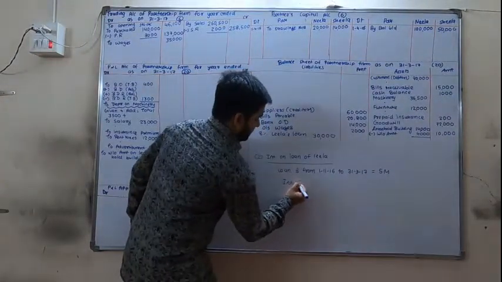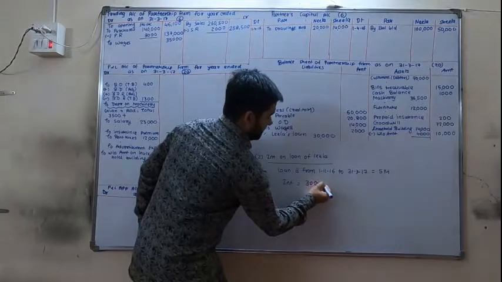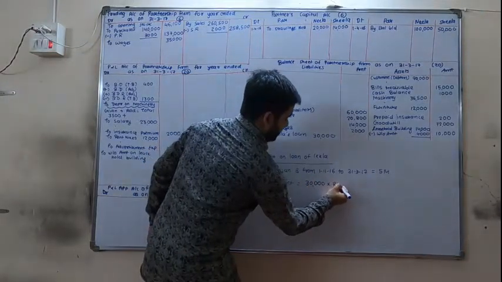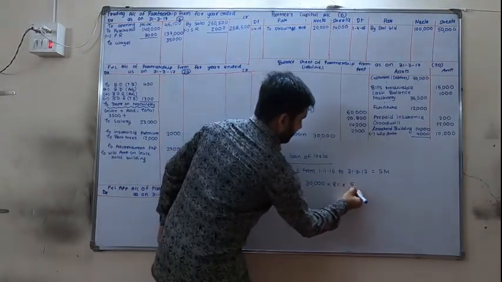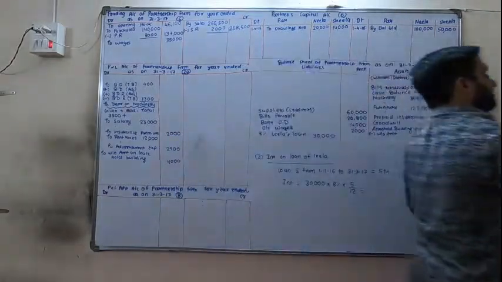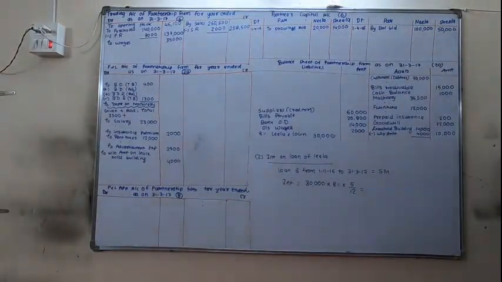Now interest is equal to 30,000 into 8% into 5 upon 12. 30,000 into 8% into 5 by 12 is 1,000.